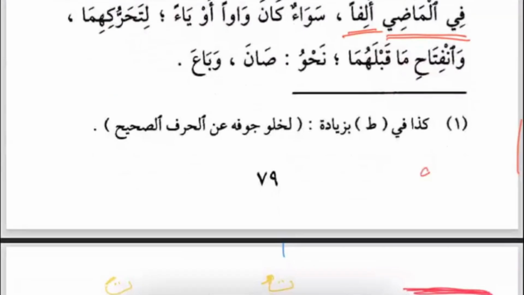Meaning, originally you would have said qawala, and you would have said baya'a. But that middle letter, that wow, flips into an alif, and you're going to say qala. And this ya flips into an alif, and you're going to say ba'a.